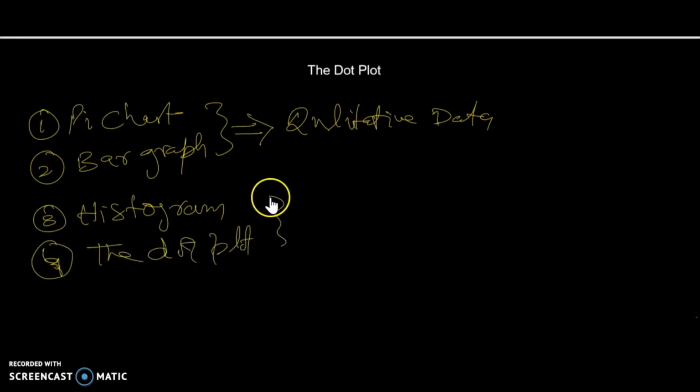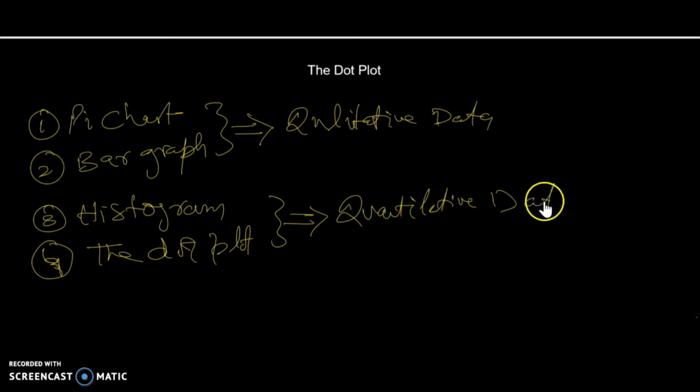These two plots are known for quantitative data. I'm hoping you are aware of the difference between qualitative data and quantitative data, right? So it is important that you have in mind the difference.